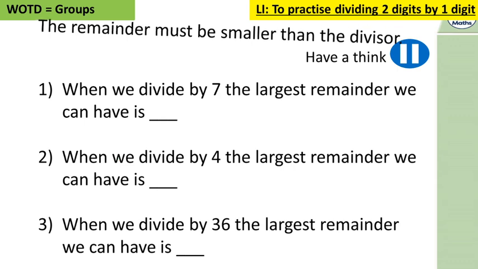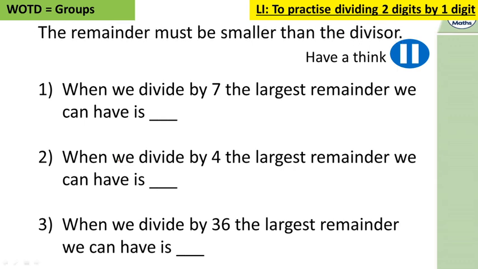Right, let's have a look through here. Little reminder there. So the largest remainder when we divide by 7 is 6, because if the remainder was 7, then we could share that equally by 7. We could put it into a group of 7. When we divide by 4, the largest remainder we have is, I'm going to write that in, is 3.